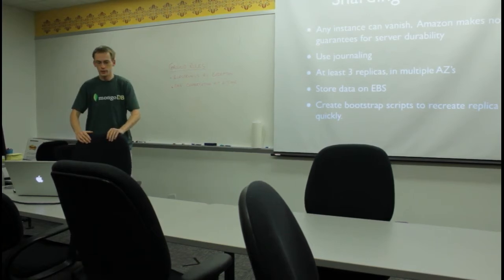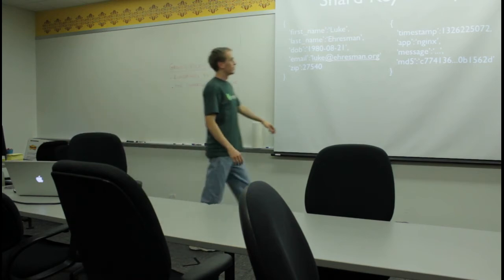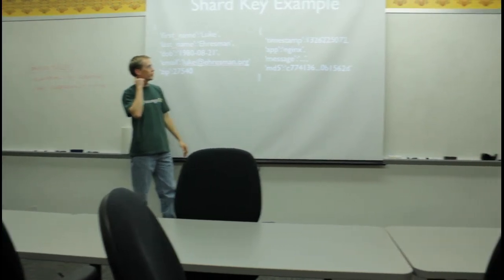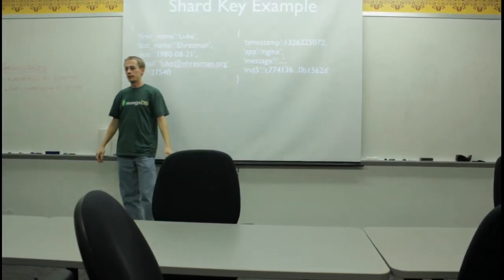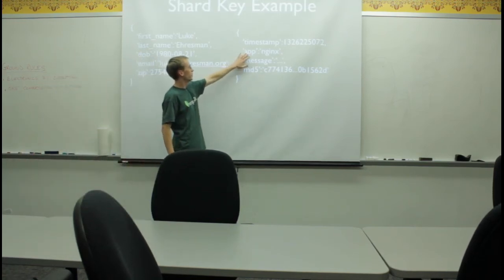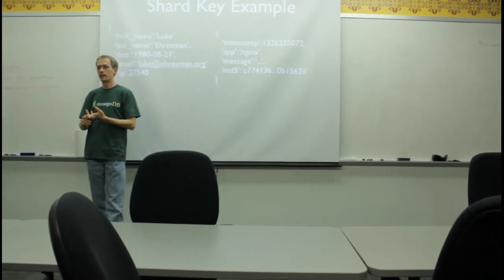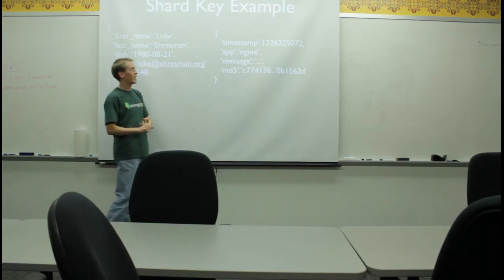Yeah. Okay, so let me go back to that example. This example here. So one option would be to do a compound key on app and timestamp. The problem with that is, depending on the cardinality of app, if in the example that I gave we had 2 applications that were logging, so the cardinality is just 2, we're still going to have the same problem.